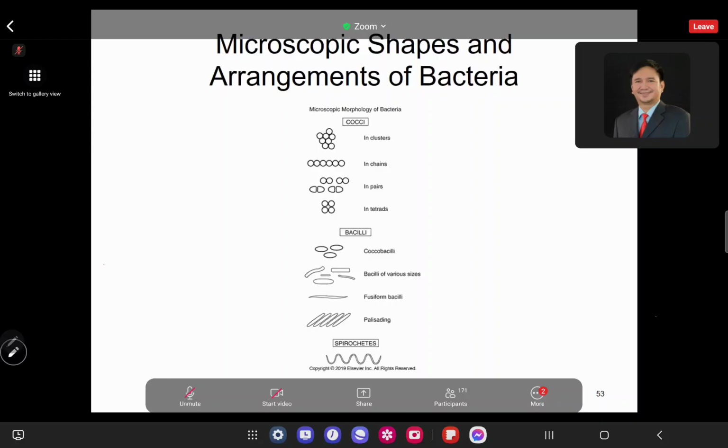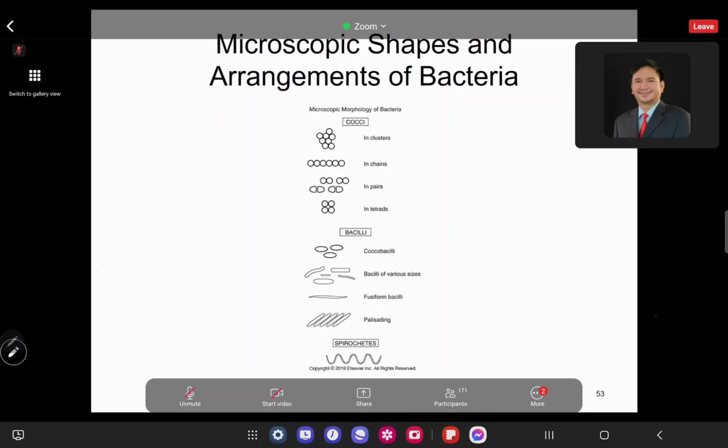If they are in clusters, we describe it as staphylococci. Chains, streptococci. Very good. Pairs, diplococci.